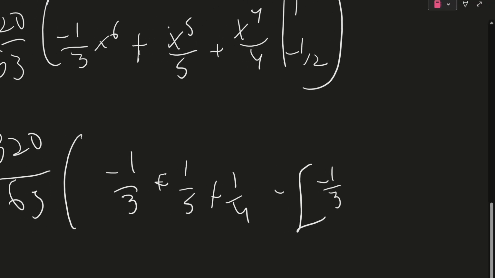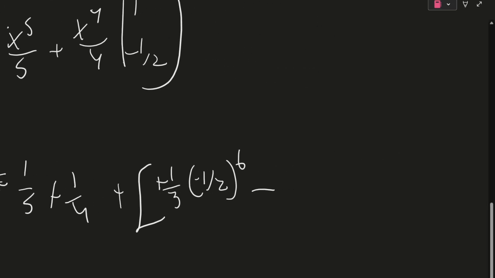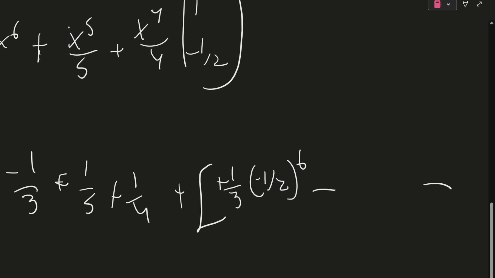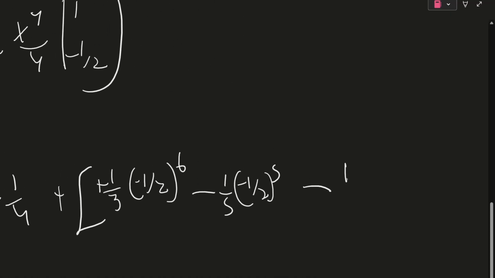So negative 1/3 times negative 1/2 to the 6th, and that becomes positive 1/3. And then our second term, we'll distribute all the way out. So our second term will become negative, and our third term will also be negative. So this is 1/5 times negative 1/2 to the 5th minus 1/4 times negative 1/2 to the 4th.